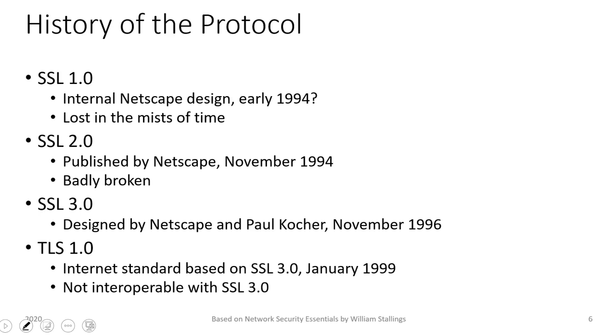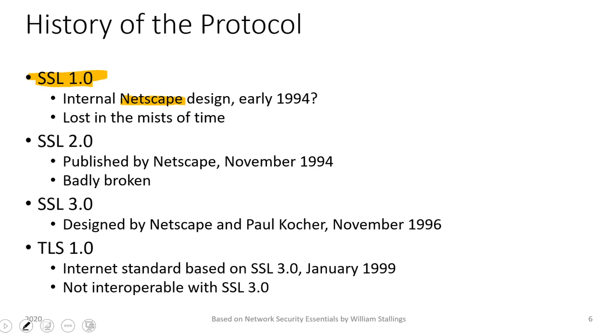When we think about the history of these protocols, it started with SSL 1.0 in 94 within the Netscape browser. That's when web security was first introduced, but the initial version was not that famous.